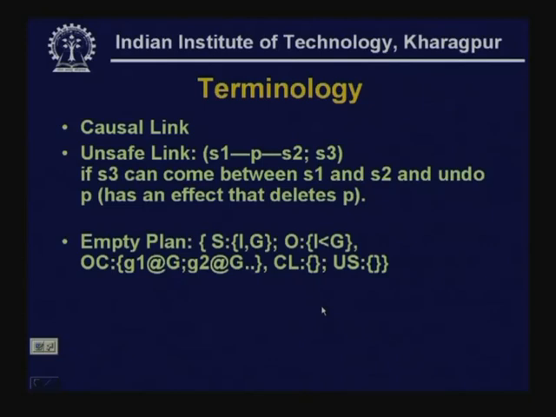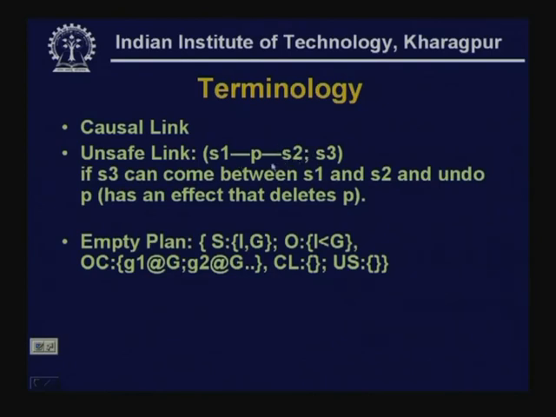Now, more terminology, unsafe link. Suppose there is a causal link S1 to S2 on the condition P, and then we have another action S3. Now, if I put S3 between S1 and S2 and S3 can undo P, then S3 should not be able to come between S1 and S2.